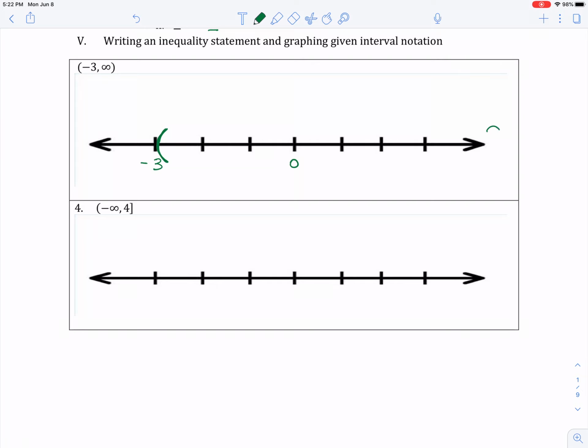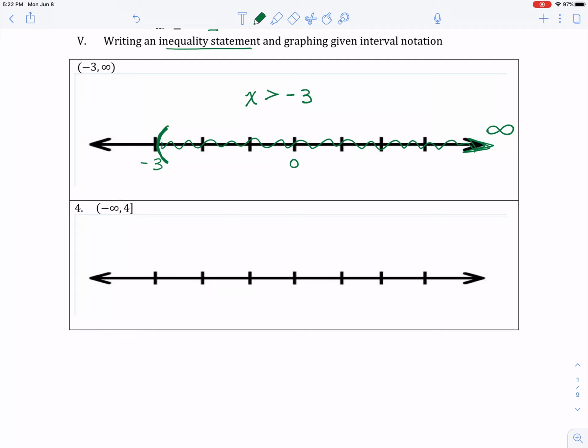We're going all the way out to positive infinity, and so that will include all of the values in here and all the way out to positive infinity. That's the way it looks when we graph it. Okay? When we graph it. When we write it as an inequality statement, we'll be looking at numbers that are greater than -3. Notice we're not including -3 because we have parentheses at the -3.